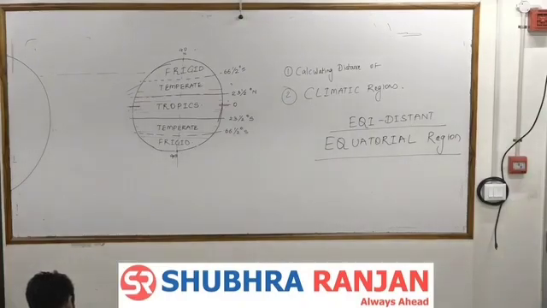Sun will never go beyond the Tropic of Cancer or beyond the Tropic of Capricorn.